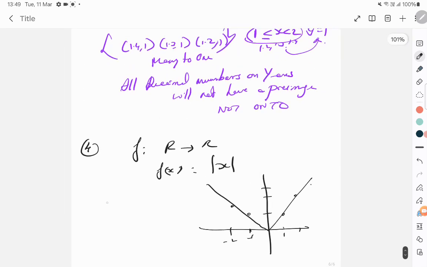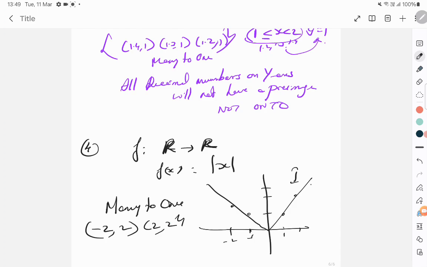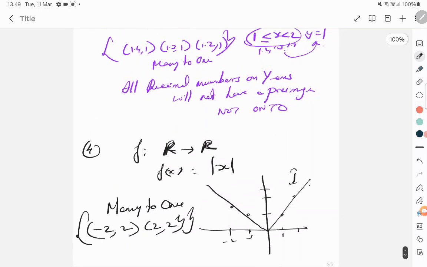As soon as you see this graph, on real number to real number. If it was natural number to natural number, no problem. Then there's only first quadrant graph which will come. So therefore it is many to 1. Why is it many to 1? -2 is also related to 2. 2 is also related to 2. The fact that -2 and 2 are mapped to only 2 shows that it is many to 1. The graph also explains it is many to 1.